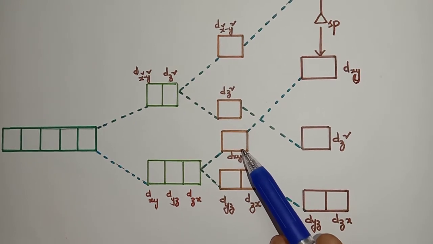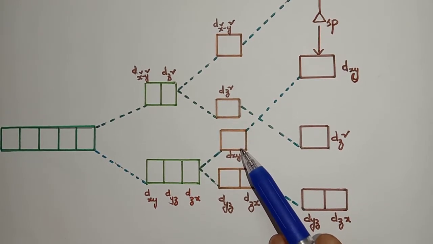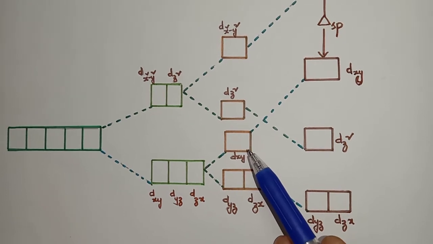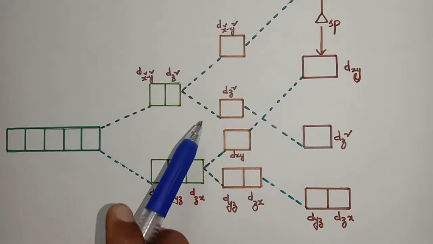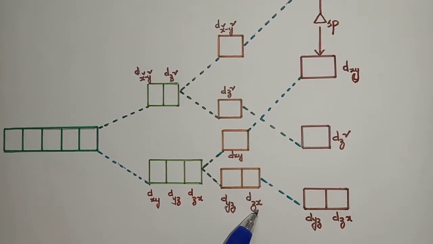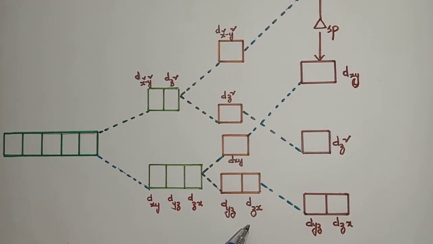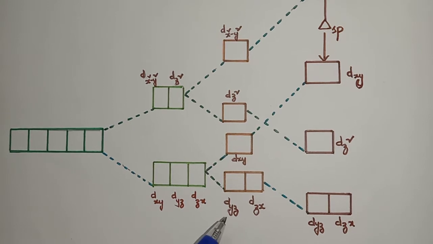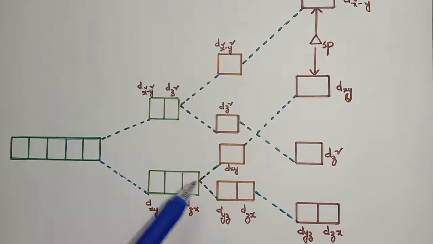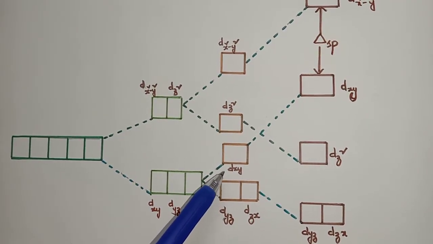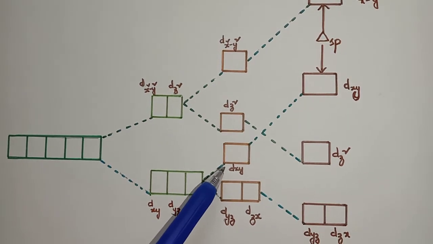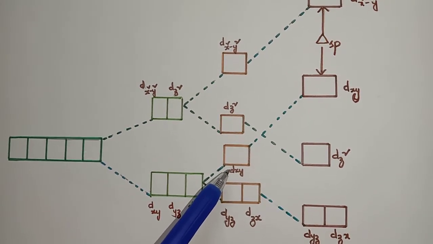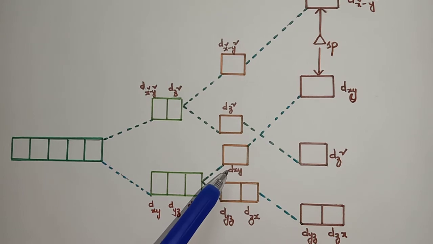I told you that the orbitals which are oriented along the z-axis will have less energy. So dz square, dyz, dzx, these are oriented along the z-axis, and hence they possess less energy. Whereas dx square minus y square and dxy are oriented along the x and y axis, hence they possess higher energy.